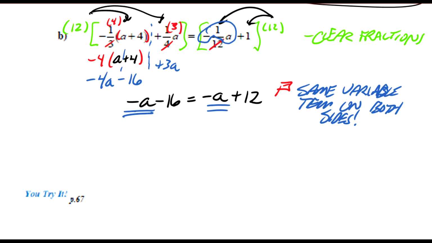Well, that means I would want to zero out one of these. I'm going to add a to zero out the a here, but I need to add a to both sides. And what happens, I'm left with, on the left side, negative 16, and on the right side, I'm left with 12. So the variable term disappears again.